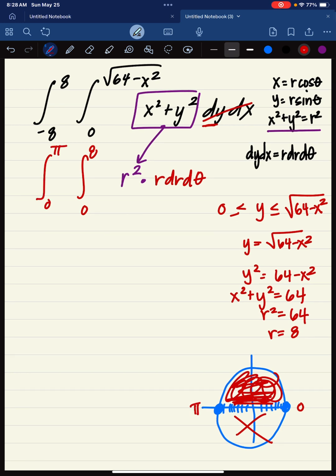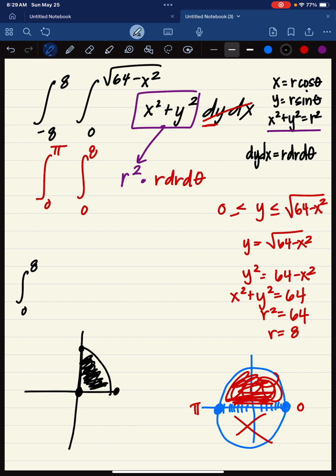Now let's just talk about it for just a quick second. What if it had said that x went from 0 to 8? So if x went from 0 to 8, that would be from here to here. And if y was positive, that would be from here to here. So you would only be looking at this quarter circle here.